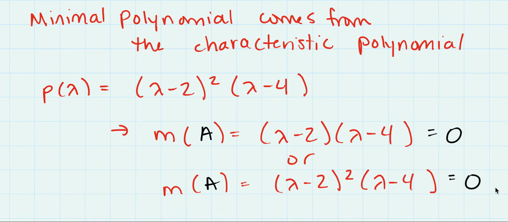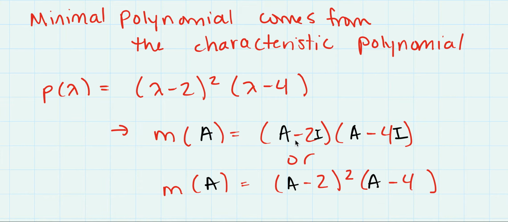Okay? So you're going to plug in A wherever you see a lambda. And if you get 0, then that is the minimal polynomial. So it turns out that if you plug A into this, so this is A minus 2I, A minus 4I.